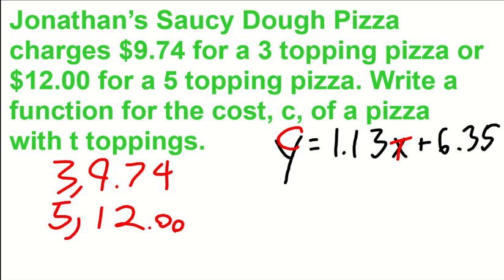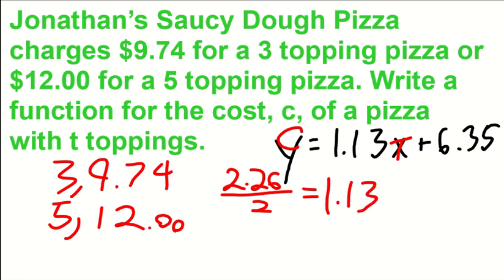So our change in y over change in x, we'd have 2.26 over 2, which is the slope of $1.13. We get money, so these get a little messy with decimals.